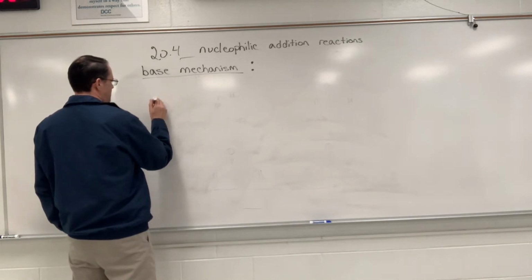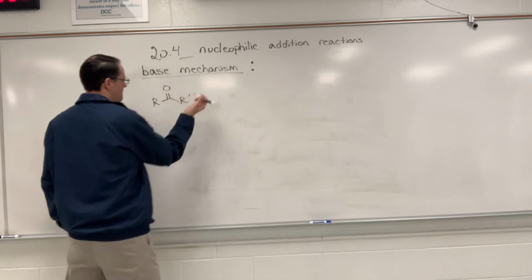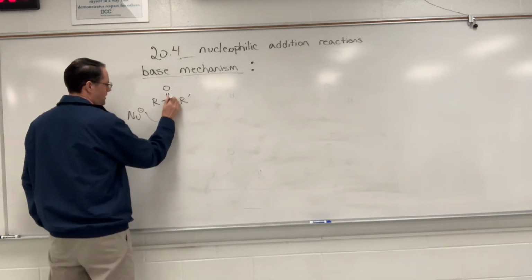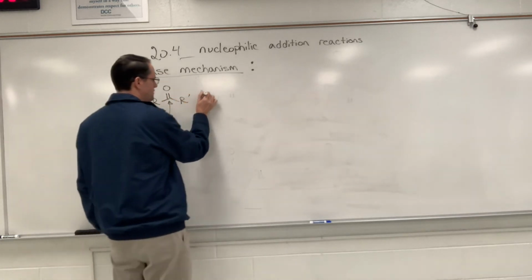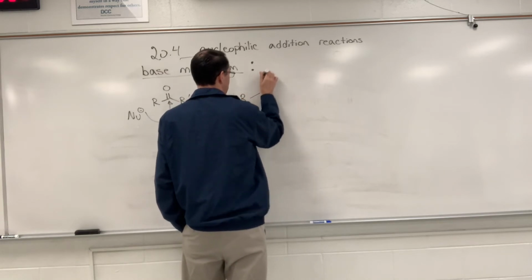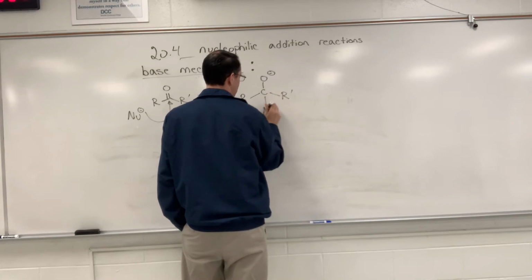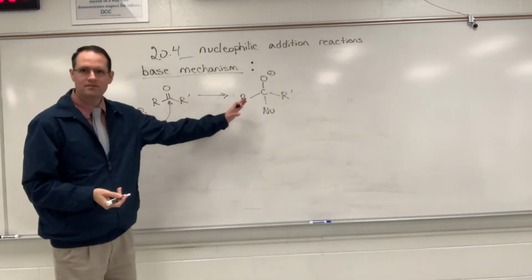If we have a ketone, for example, and we have a nucleophile, okay, the first step is for this basic nucleophile to attack the ketone and give you the addition product, okay? So the nucleophile adds to that.